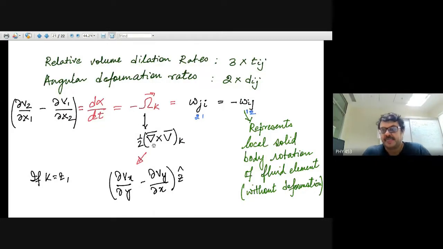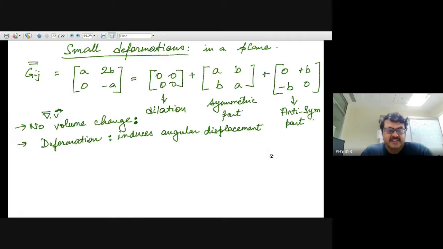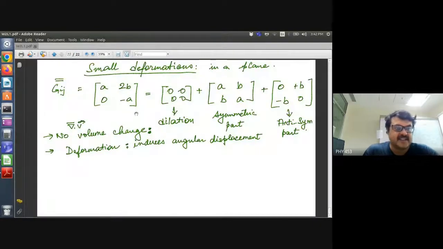So if these terms are present in the fluid gradient tensor, then it represents that there can be a local solid body like rotation of the fluid element without deformation. We'll discuss an example just in the next class.